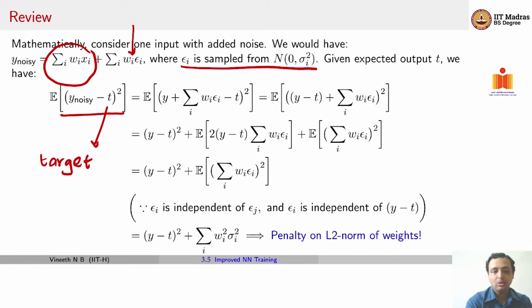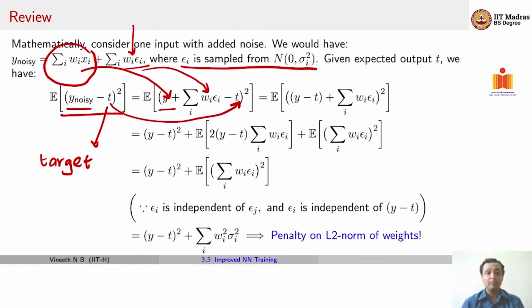Let's expand it out. We know that Y noisy is given by what was originally Y plus the additional summation over i of Wi epsilon i term, and then you have the minus T whole squared. Now by grouping terms, this can be written as (Y minus T plus summation over i of Wi epsilon i) whole squared.